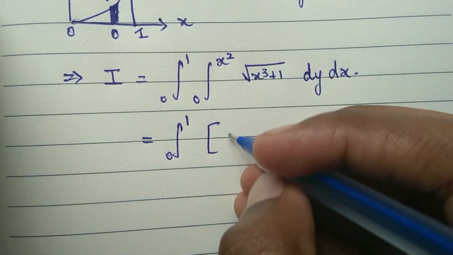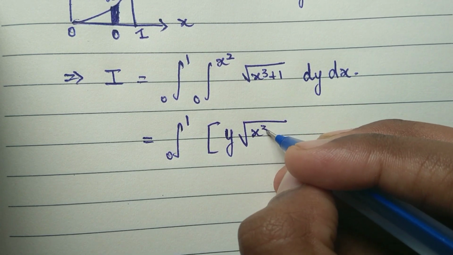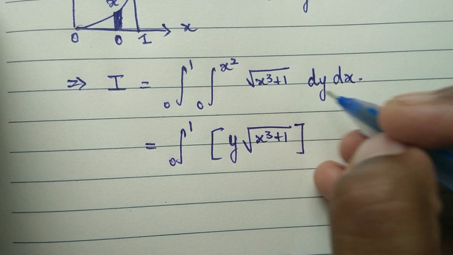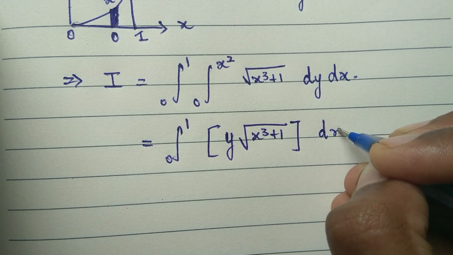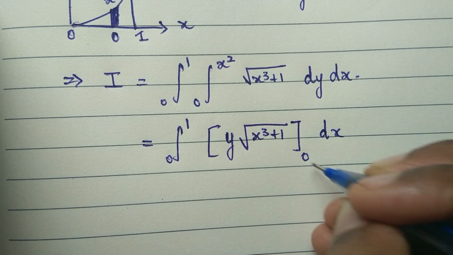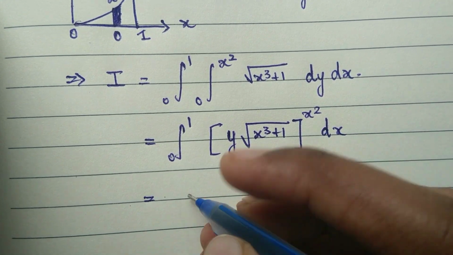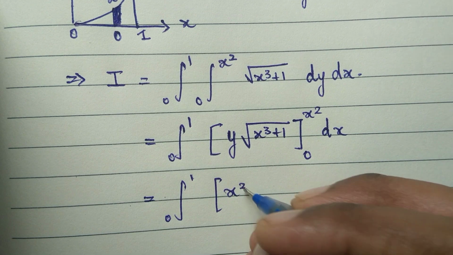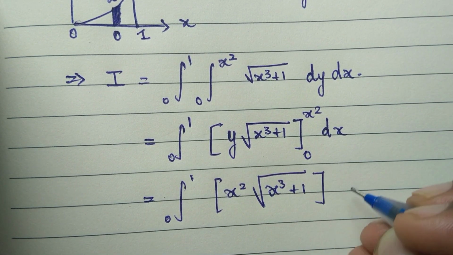Integrating this, we get y root of x cube plus 1, since the x term will be a constant as we are integrating with dy, and the limits will be 0 to x square. Now applying the limits inside, we get x square root of x cube plus 1 dx.